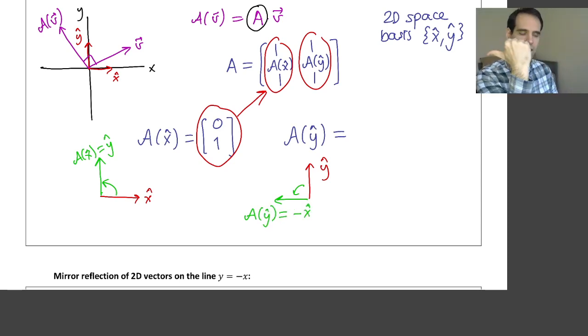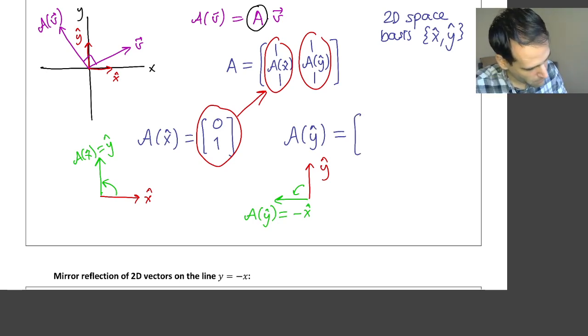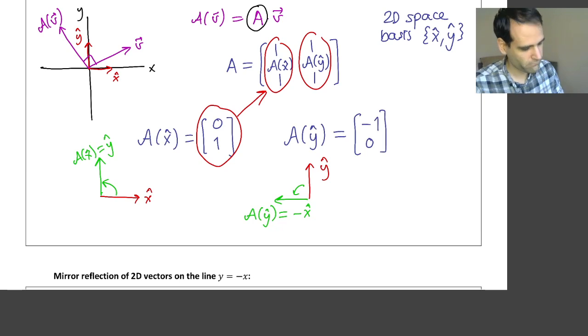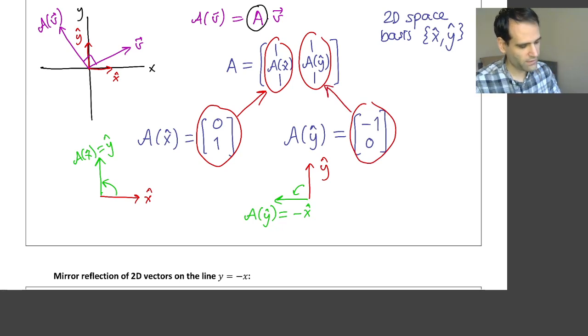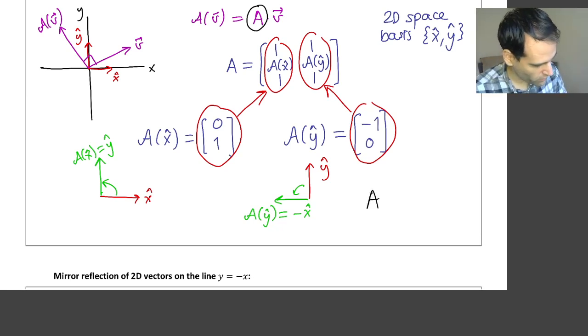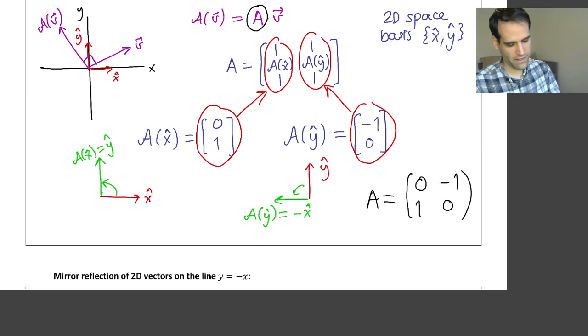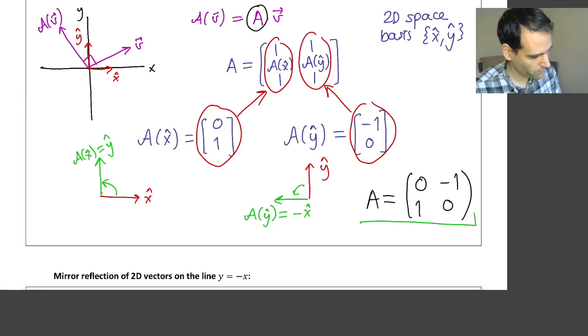Because it's pointing to the left. Therefore, written as a vector, this is the vector minus 1, 0, right? So this will be the vector that we need to use as the second column. That's as simple as it is, yeah? So finally, our matrix A is equal to 0, 1, minus 1, 0. And that is the matrix we were looking for.